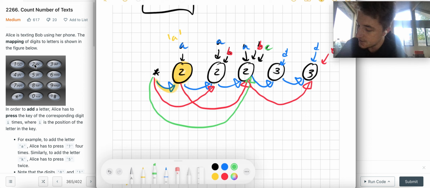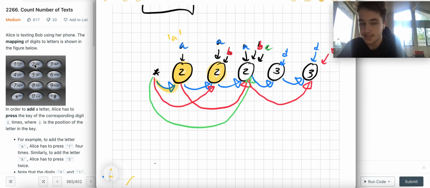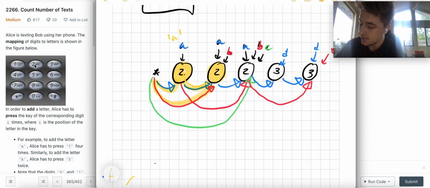When we get to this slot, why are my colors all over the place? When we get to this spot here, it could have led from here, or it could have just led from itself. So if it led from the first thing, if it was this link here, it's AB.